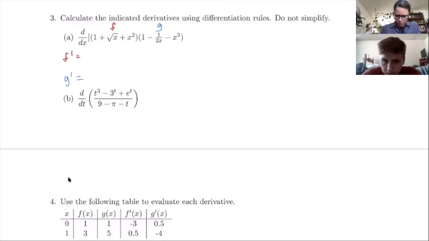Personally, I would do a little bit of work first. I'm going to rewrite f of x as 3 painfully obvious power functions. So instead of square root of x, I could think of x to the 1/2. And now it's going to be way easier for me to take the derivative. Same thing with g of x.